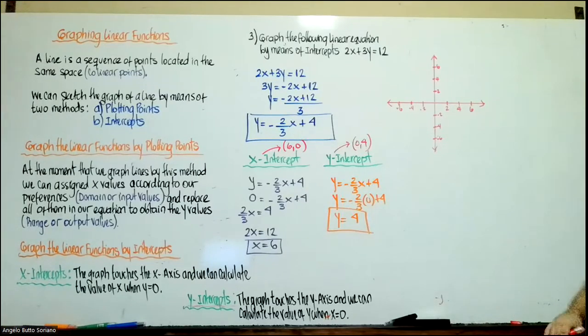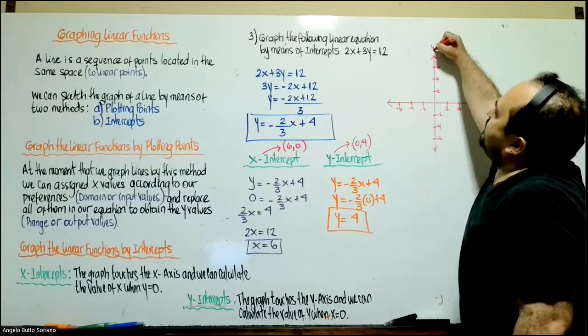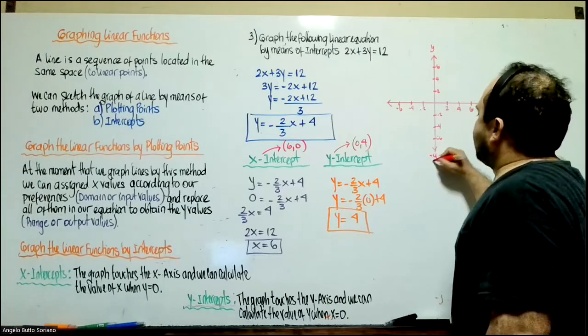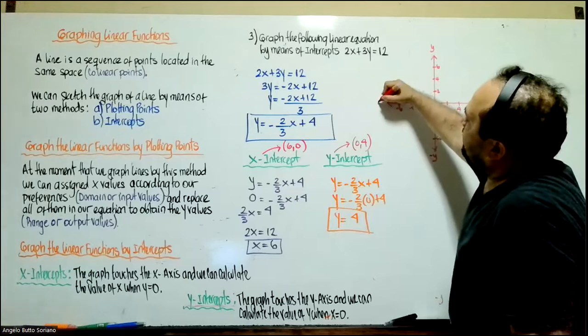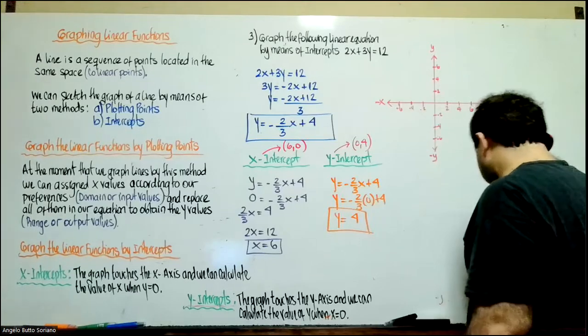Now this time I'm writing the numbers because I'm doing scale 2 and 2, right? This is y, negative y, x, and negative x.